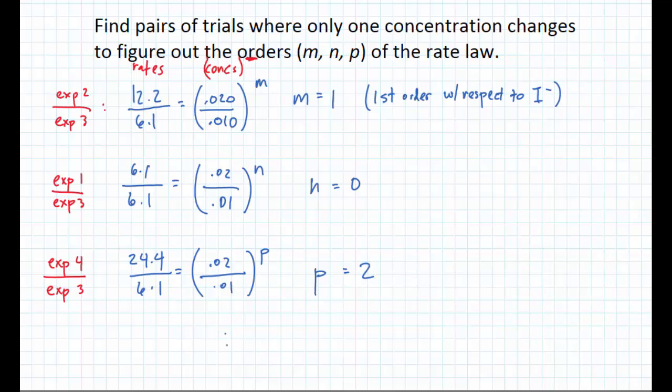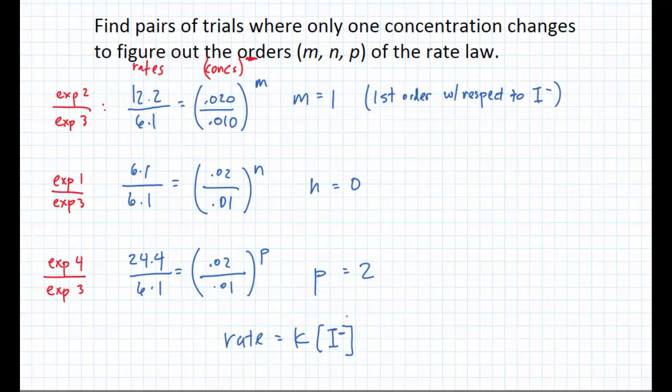So overall, rate equals the rate constant times the concentration of I minus to the what power? Yep, that's m. So I'm just going to say I minus. And then what about the ClO minus?